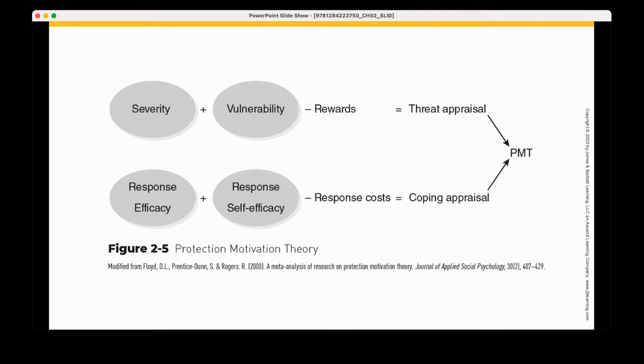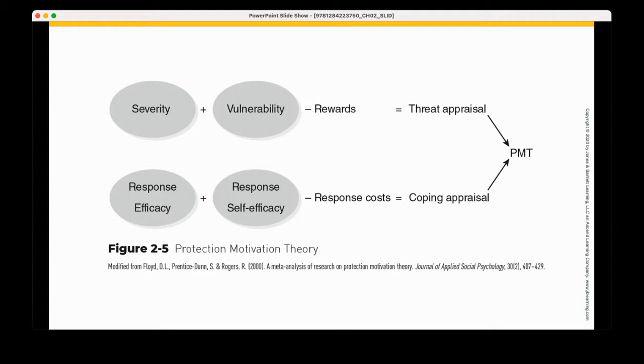It could be high, like, I think I can do it. I've tried a couple times, and I almost got there. It can range all the way to, I don't think I could do it, in which case your response self efficacy is pretty low, so they may not be doing it. That's the coping appraisal.